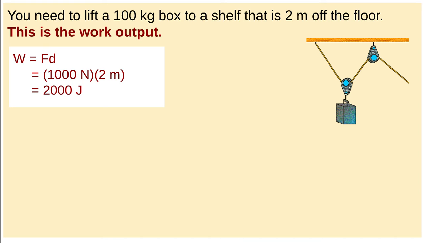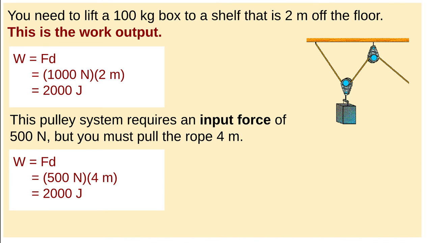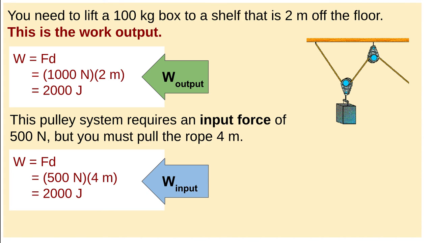We were trying to lift up this 1,000 Newton box through 2 meters. That was the goal. We used this pulley system, where we only had to input 500 newtons. And because we pulled the rope 4 meters, the input work was still the same. So our output was 2,000, our input was 2,000.